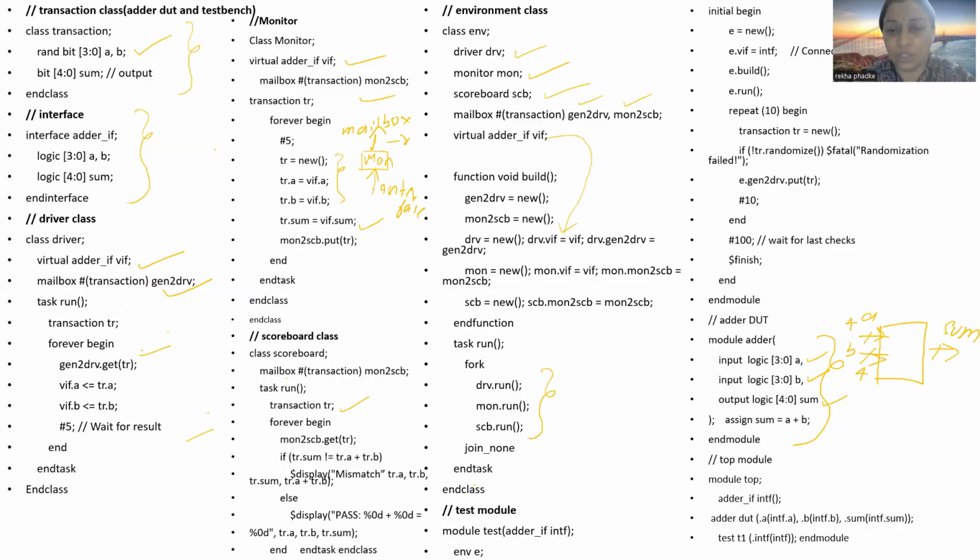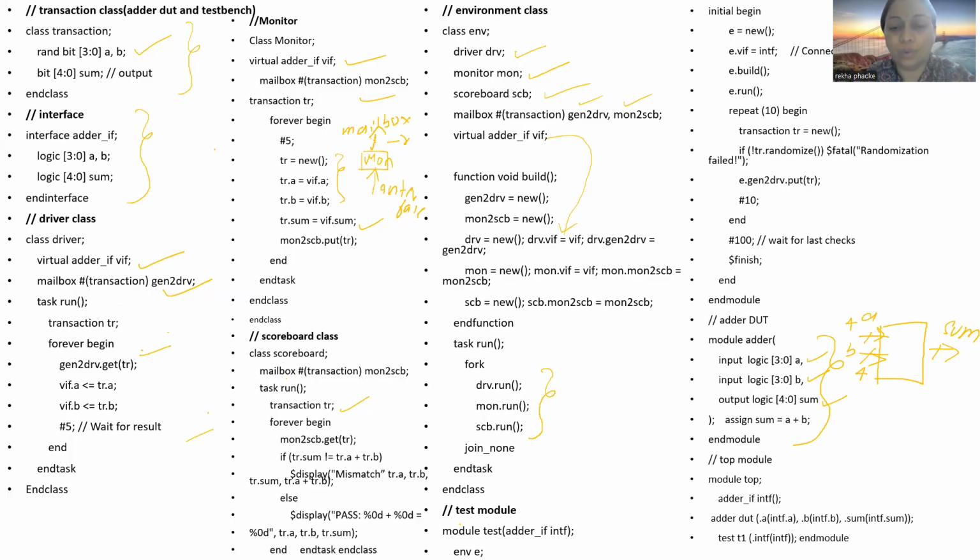So I don't want such things to happen here. I'm just using join_none so that everything will run parallelly without waiting for anything else. So that's about all these components, how they have been written with their own different tasks inside their classes.